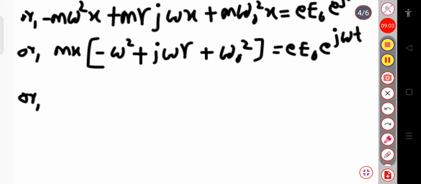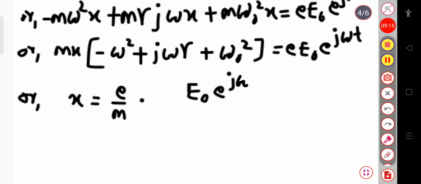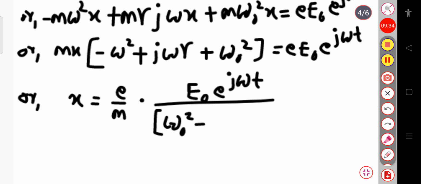So x will be equal to e by m into E naught exponential j omega t. This m term is divided here, so x will be equal to this e E naught exponential j omega t, and e is written here small e, divided by this total bracketed term, that is your first omega naught square, this one is your positive sign, minus omega square, then this will be plus j omega and gamma. Okay. So this j is nothing but your root over of minus 1.